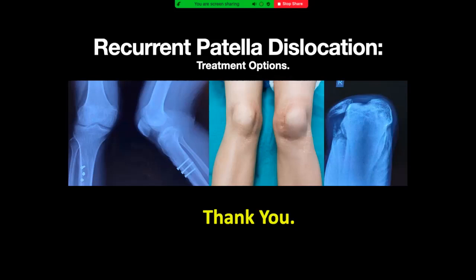Amit, I have a question. Yes, Navin, ask. I have two simple questions. Out of all the procedures you do, if you have to give percentage wise, just MPFL reconstruction, tibial tuberosity transfer, and the trochleoplasty, which procedure is the commonest, and you combine many of them? That is the first question.